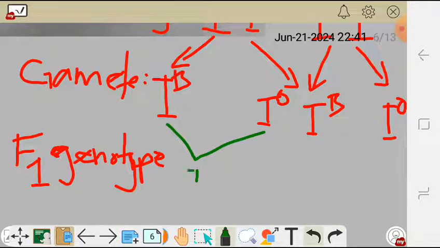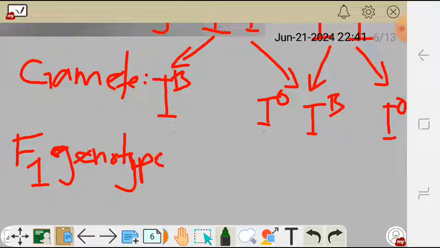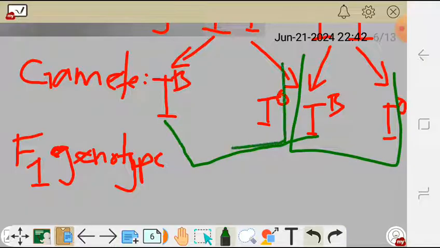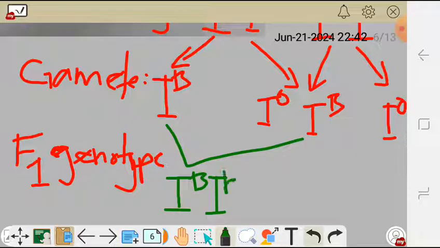We are going to have I^B I^O. Then if this one crosses with this one, we are going to have I^B I^B.